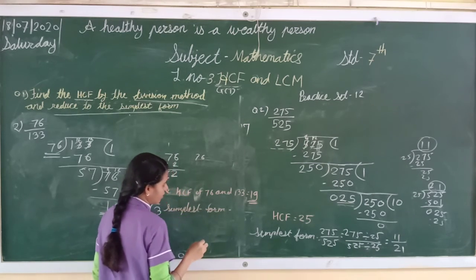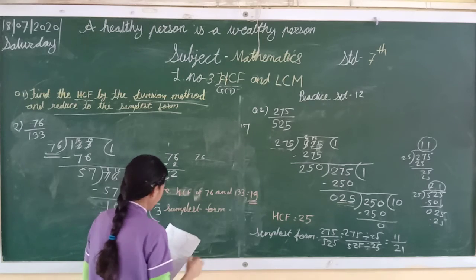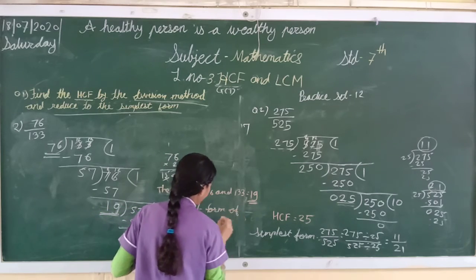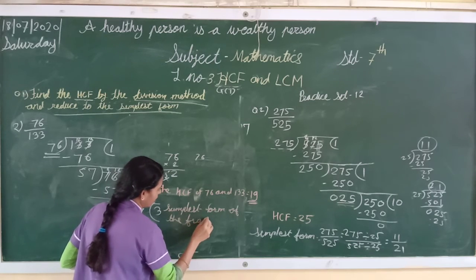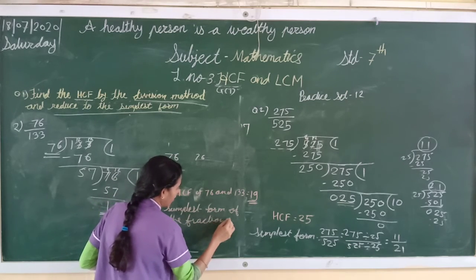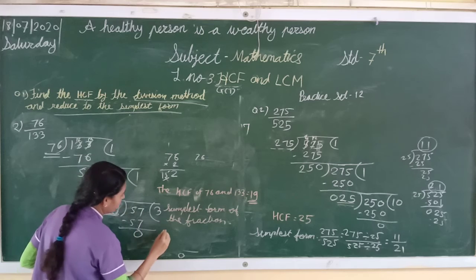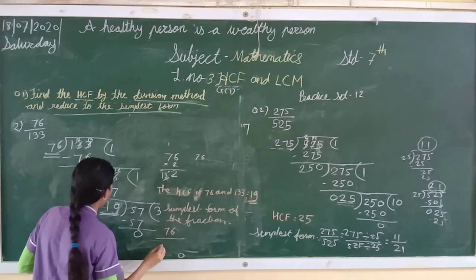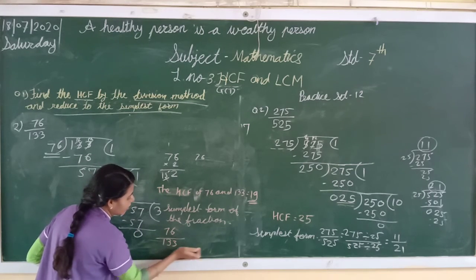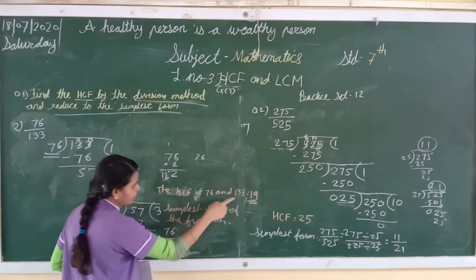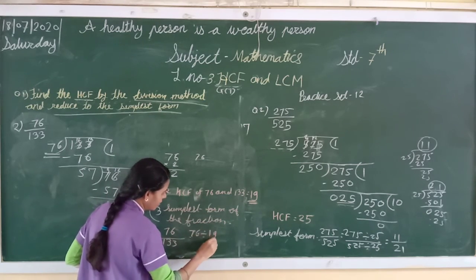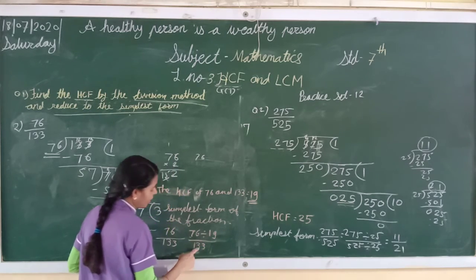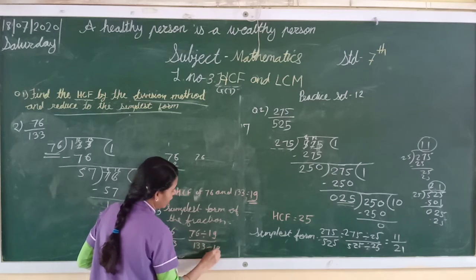Now it is called the simplest form. Simplest form of this fraction. How will we solve, students? 76 upon 133. Okay. We will divide it by 19. 76 divided by 19 and 133 divided by 19.